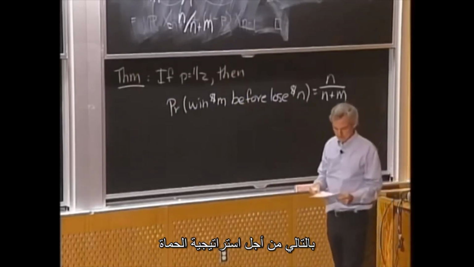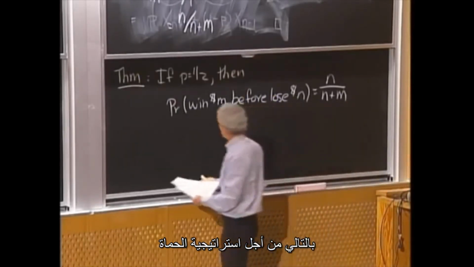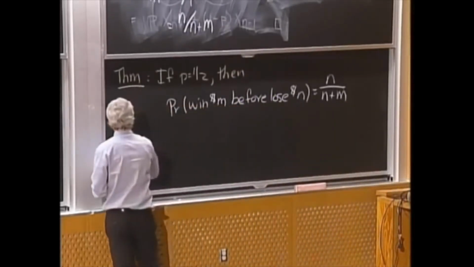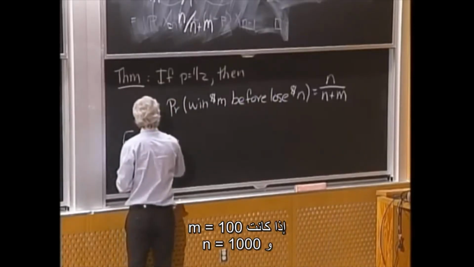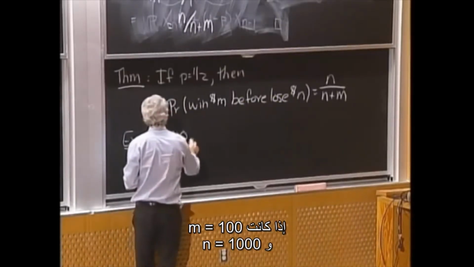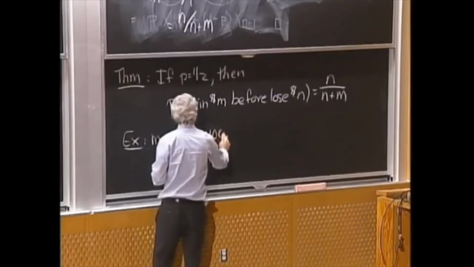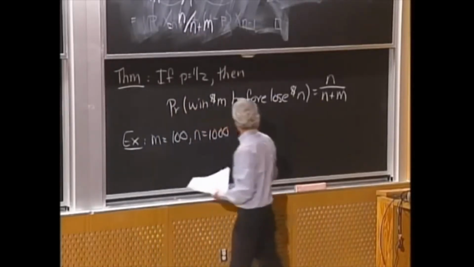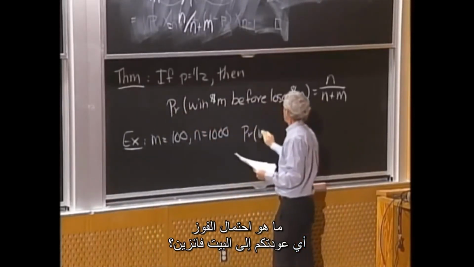All right? So for the mother-in-law strategy, if m is 100 and n is 1,000, what's the probability you win? You go home a winner.